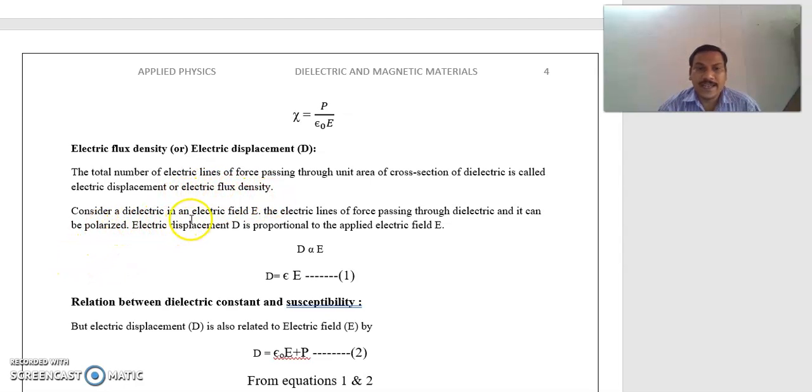Consider a dielectric in an electric field capital E. The electric lines of force pass through the dielectric and it can be polarized. Electric displacement D is proportional to the applied electric field E. So D is proportional to E. D equals the proportionality constant epsilon into E, where epsilon is the permittivity of the dielectric material and E is the electric field.